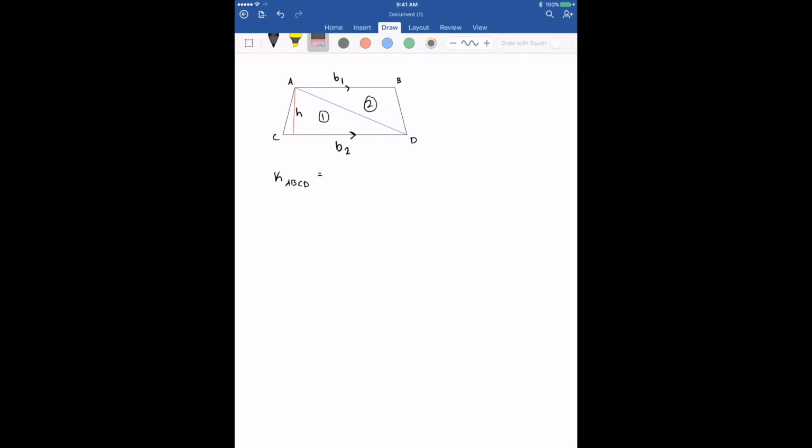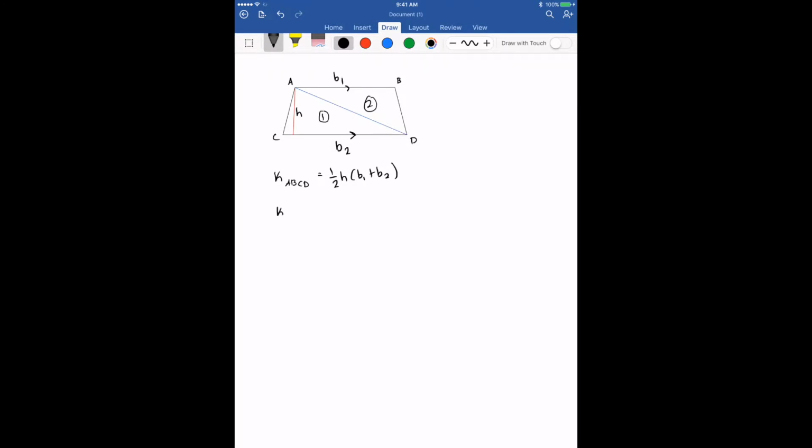So the area of this trapezoid, that we'll call ABCD, is going to utilize the formula for the area of a triangle. So the overall area of this is going to be 1/2 times the height times b1 plus b2, where b1 and b2 are parallel to one another. The way we can derive this is by looking at the area of triangle 1 and triangle 2.